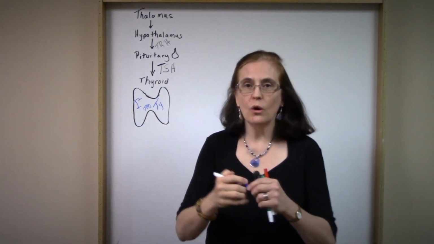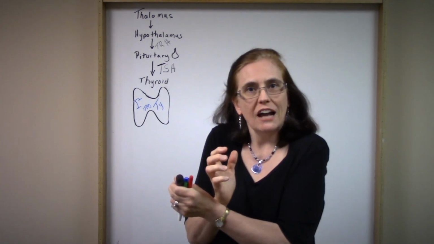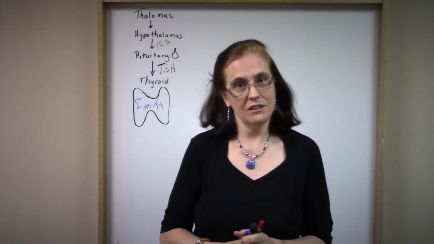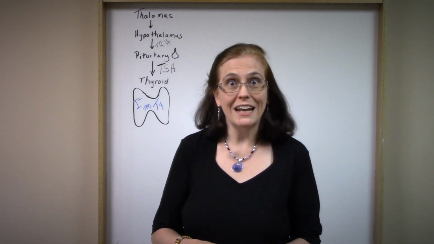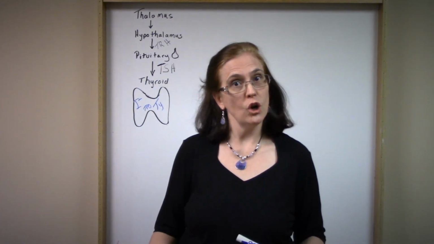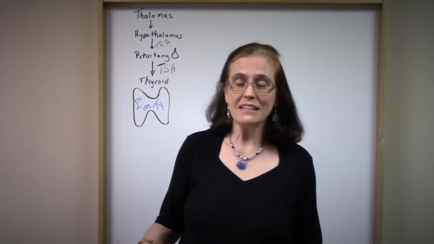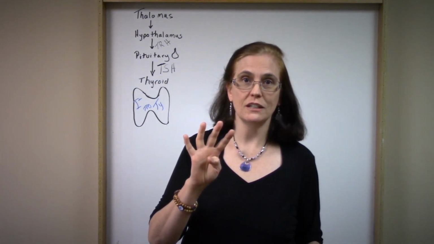And TPO couples the iodines together so that they can be put onto the tyrosine, and that's what the thyroid hormone is. So there's two main thyroid hormones that are created by the thyroid gland that get out into our system, T4 and T3. Basically, T4 is a tyrosine with 4 iodines attached to it.